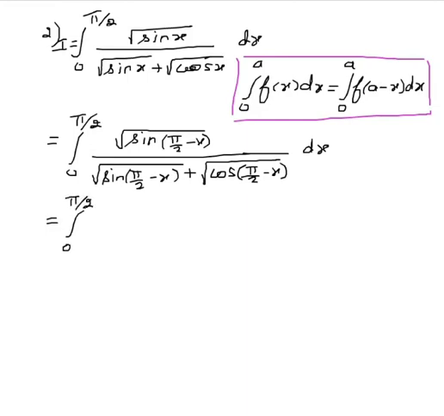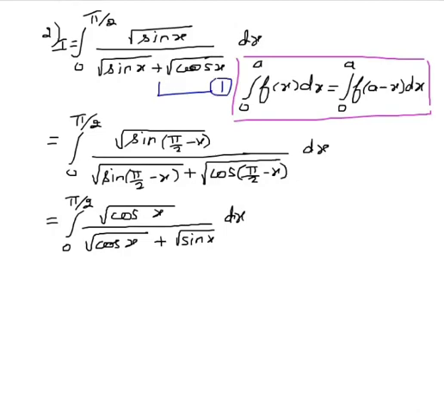Integral 0 to pi by 2. Sine 90 minus theta is cos theta, we know. So it becomes cos x divided by, similarly, in the denominator we get root cos x plus root sin x and dx. This is equation number 1. This is equation number 2.